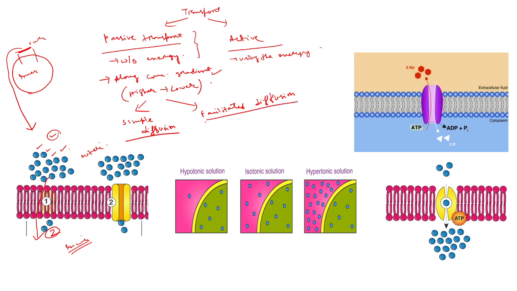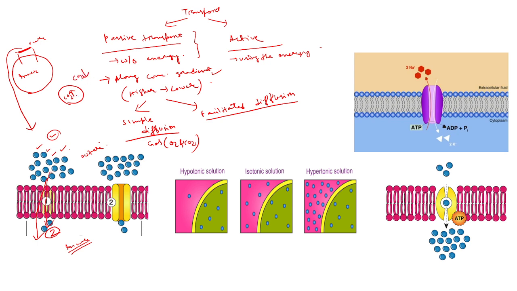What is simple diffusion? Simple diffusion means gases, for example oxygen and carbon dioxide, can pass easily through the plasma membrane along the concentration gradient. Let's say this is the cell. Inside, let's say the carbon dioxide is more. Suppose outside the carbon dioxide is at low concentration.